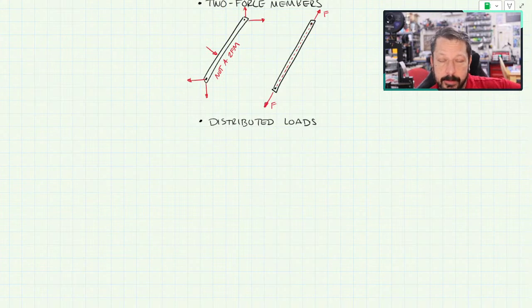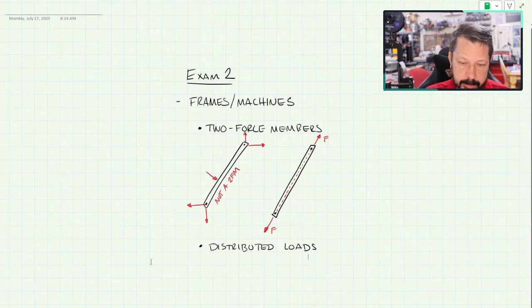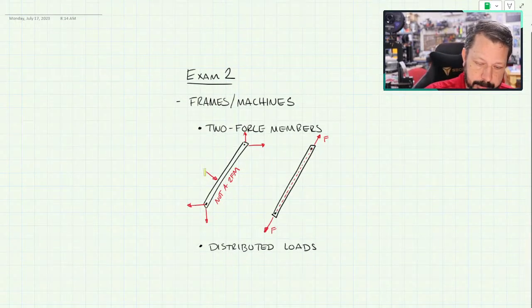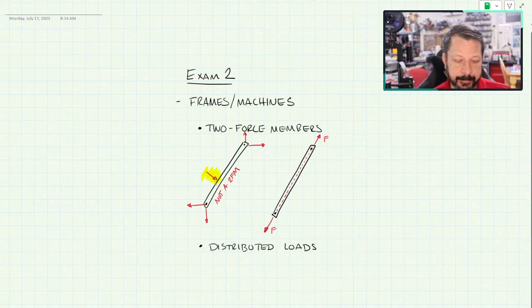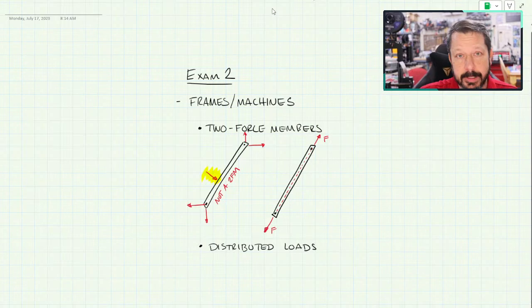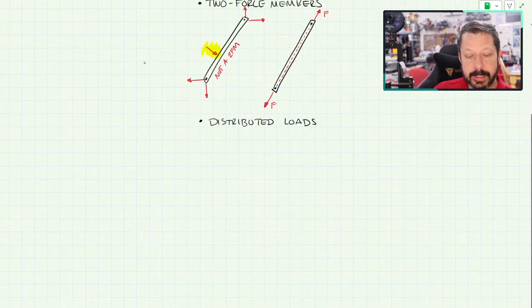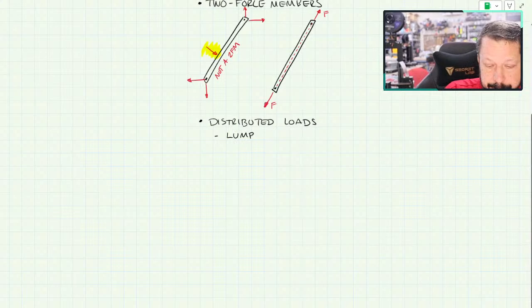But now that we're doing frames or machines, the load can be applied to the member itself, like I drew here with this load. It's just a point load on the side. Well, you could have loads that are distributed. Instead of a single point, they're spread out over some area. And the things you might have to do with distributed loads are you might have to lump them.